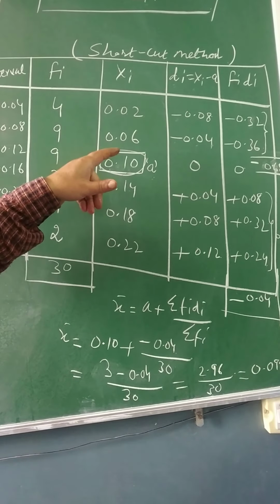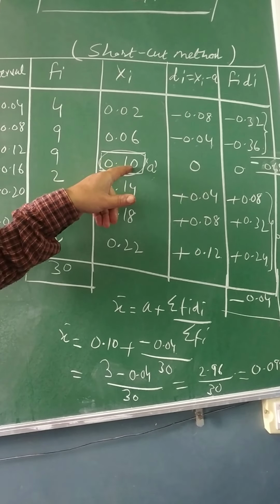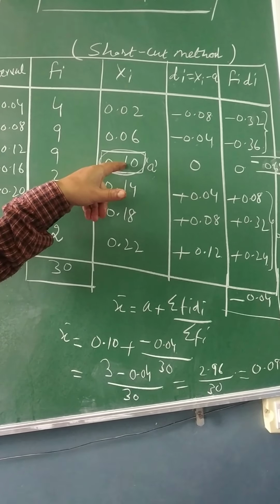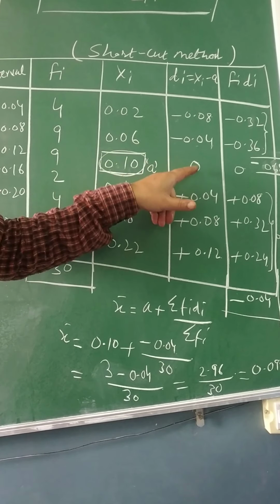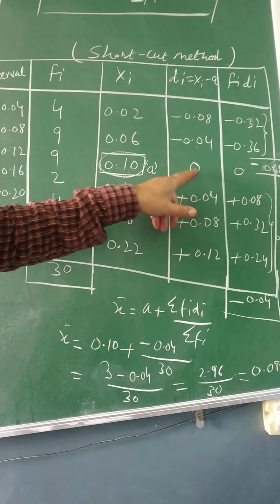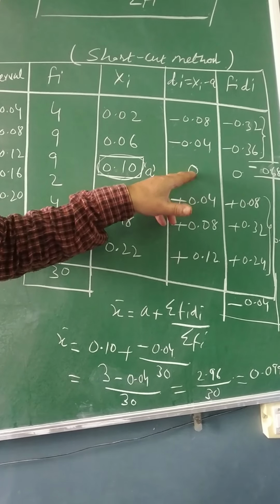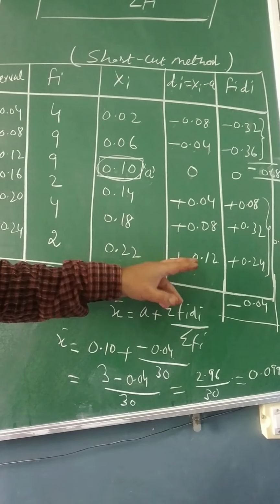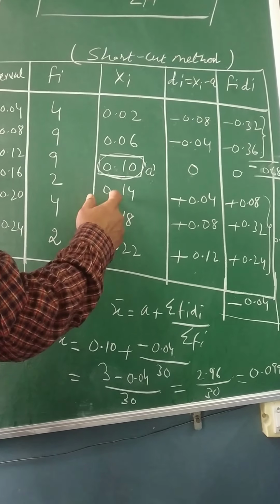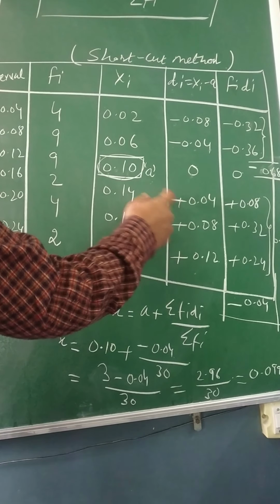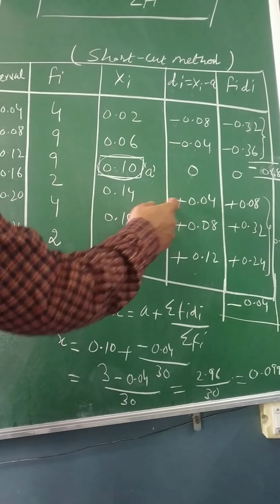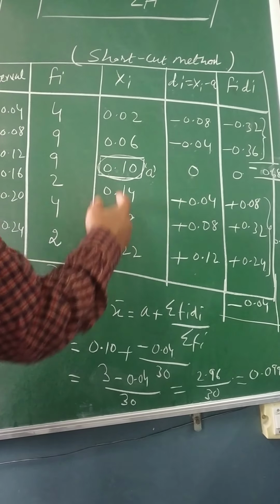And from 0.10 itself, because 0.10 itself is a class interval also, at one point you will always be getting the null value, that is 0. After 0 all the results will be positive. Now Xi minus A means 0.14 minus this, so that will be greater, so it is in plus. Then next again in plus, next again in plus.